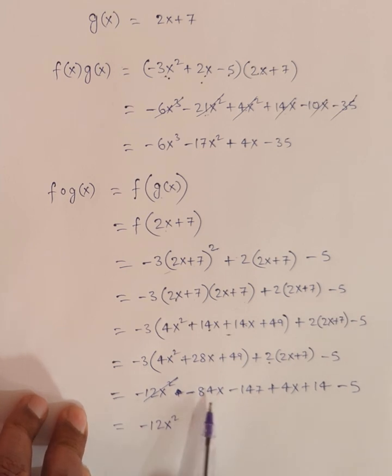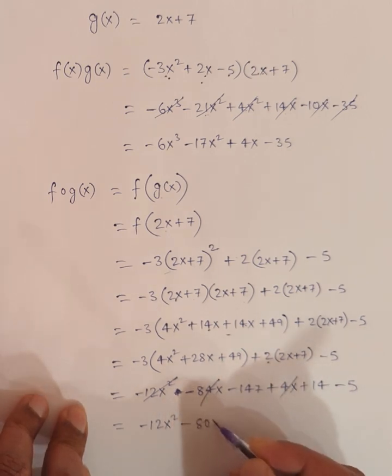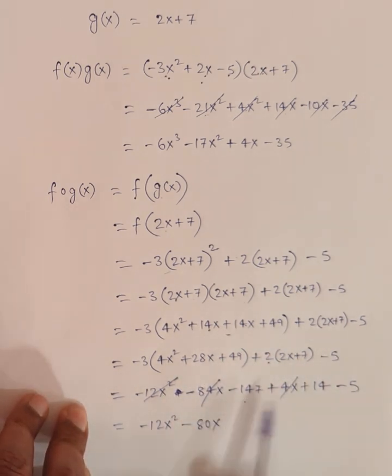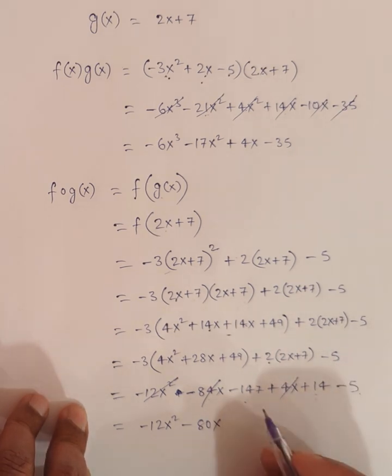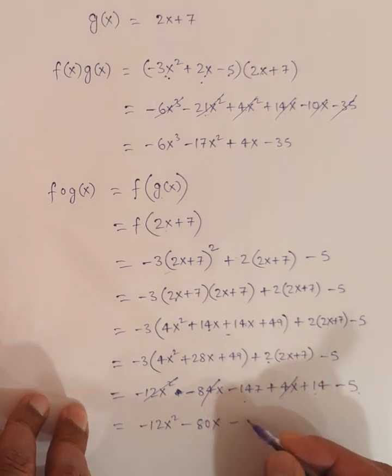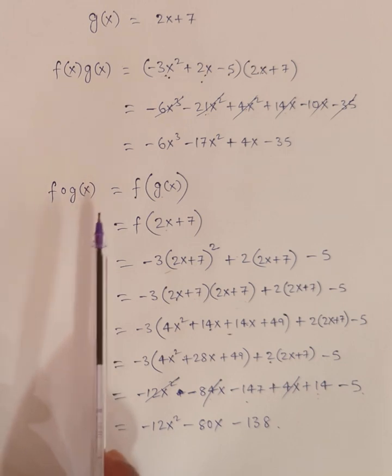Now I see x here and here. Negative 84 plus 4 is negative 80x. And then I have these three constants that I can combine. Negative 147 plus 14 minus 5 is negative 138. So that's how you compose two functions.